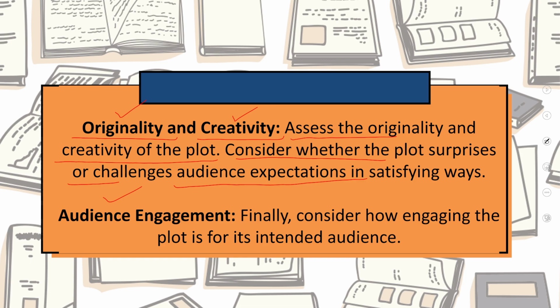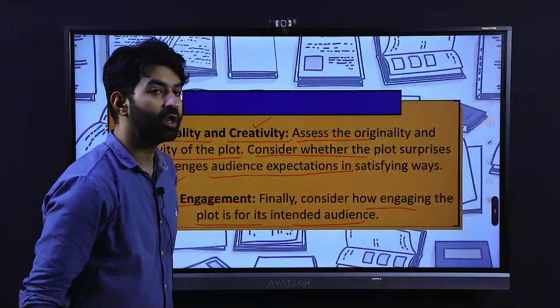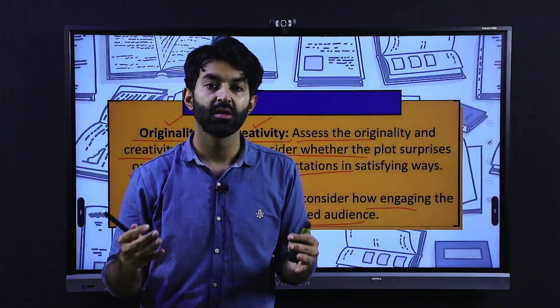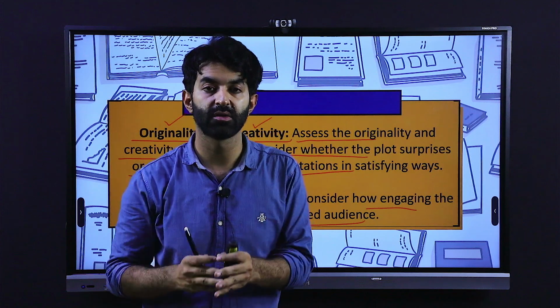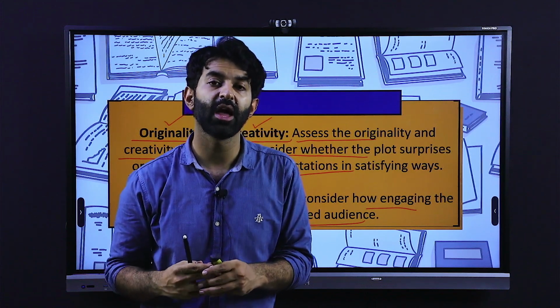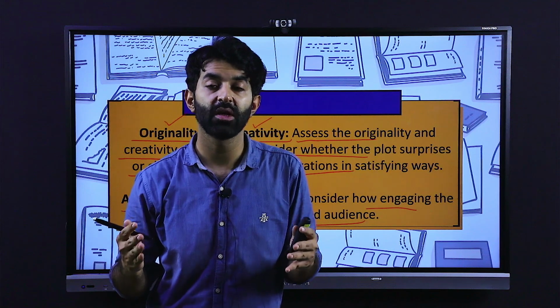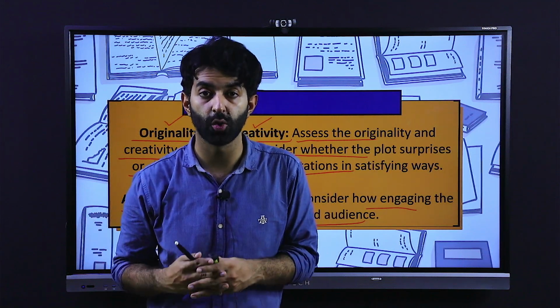We will see how the audience is engaged with the story, how engaging the plot is for its intended audience. If the story is written for kids, then it should be specifically for kids. If it is written for adults, then all the things should have equal coherence in doing so.